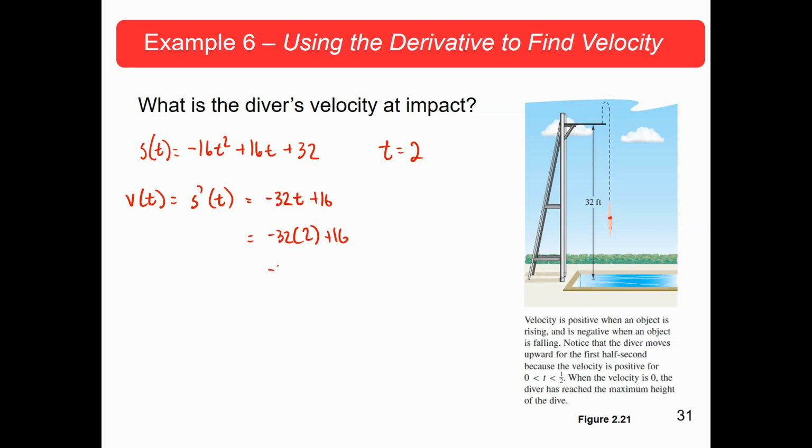So that's negative 64 plus 16, which gives us negative 48. So we're talking about velocity, and we're talking about feet and seconds, so negative 48 feet per second.